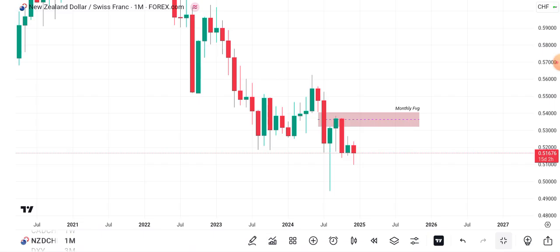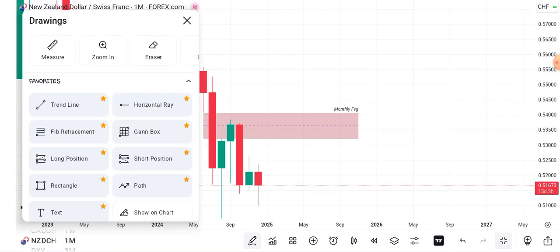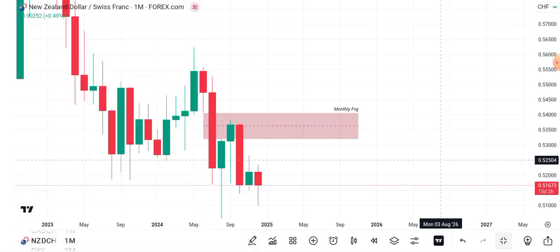Still the same concept from ICT, but this is majorly how I use my fair value gap, and I've told us what the fair value gap is. A fair value gap is between three candles.